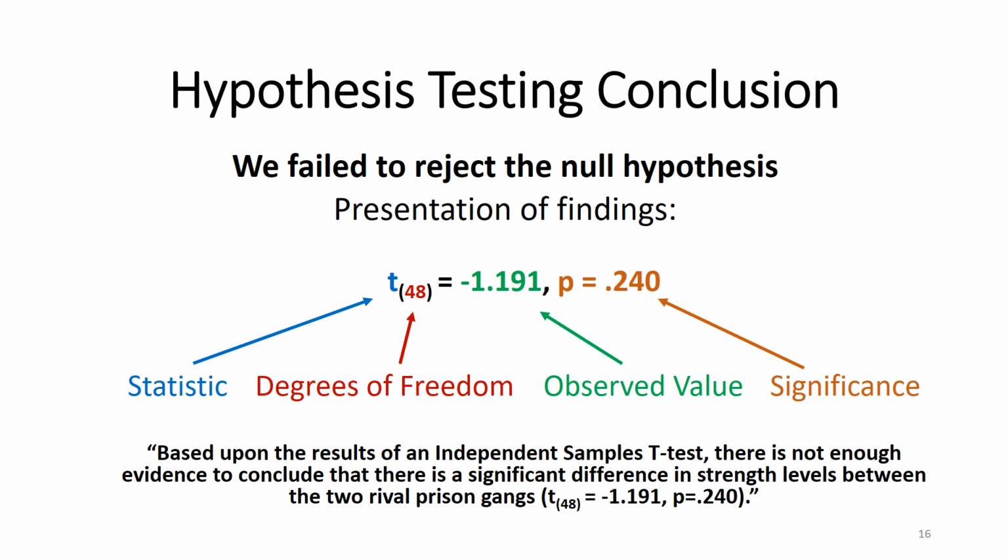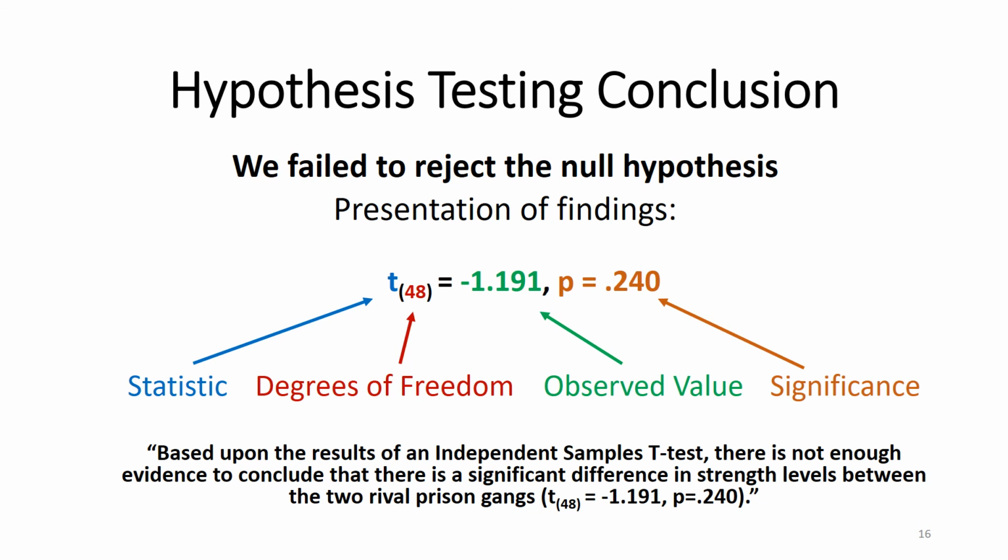You'll notice the blue: first we say, okay, it's a t. That's the type of test we're working on. If we were doing an F test, we would put an F. If we were doing chi-square, we would use the chi-square symbol and things of that nature. So we tell them the statistic we were working with, a t, then in parentheses right next to it, you'll notice the number 48. That 48 was the degrees of freedom.